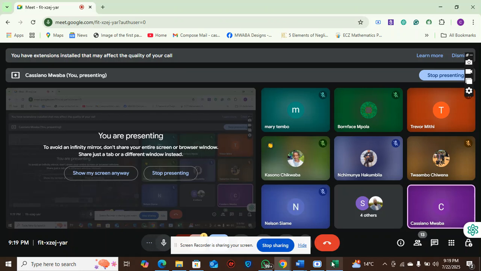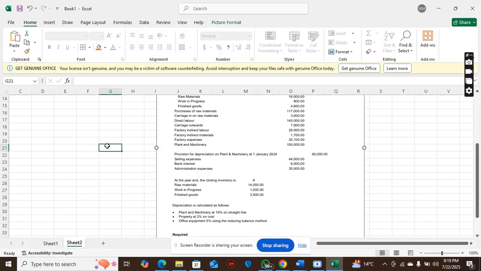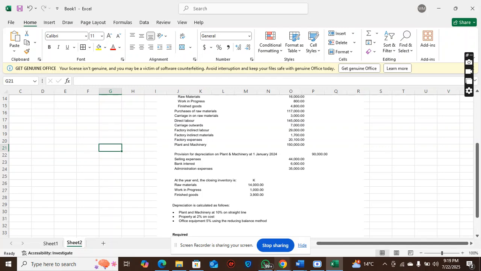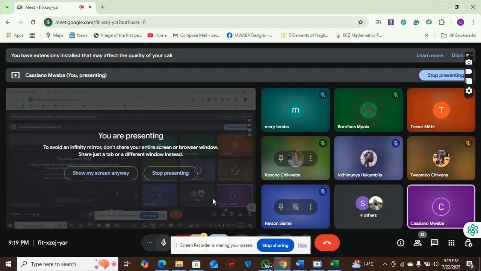All right. So remember, this manufacturing account can be broken down into three main parts. What are these three main parts?